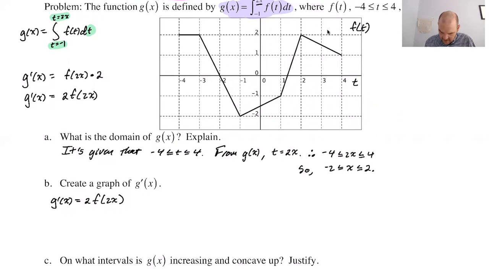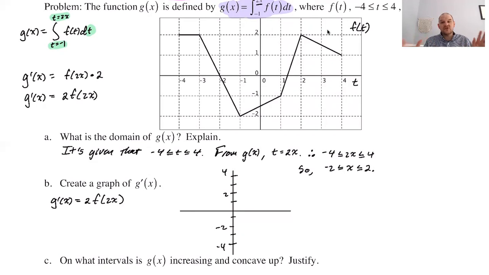So I'm going to actually start a set of axes here so that I can get going on that. Okay, so this I'm going to say is like -4, -2 here, here, and maybe like 4, 2, and here, let's say. Now the domain we know for g of x is -2 to 2.